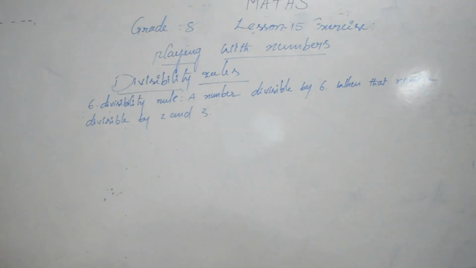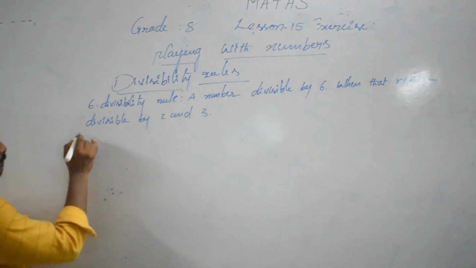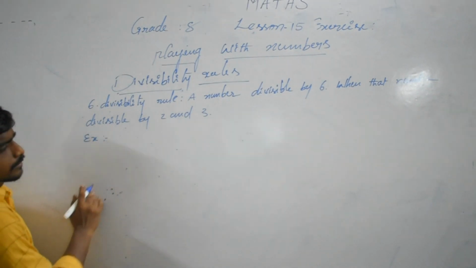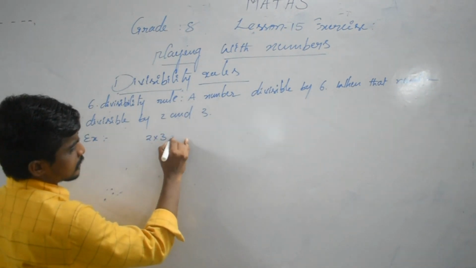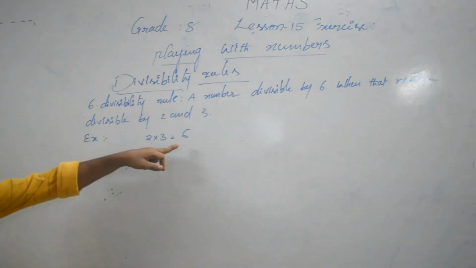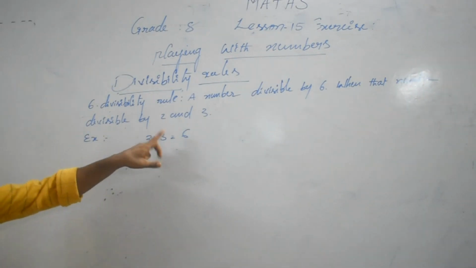Simple. Like 2 3s are how much? 6. So 6 factors are 2 and 3.